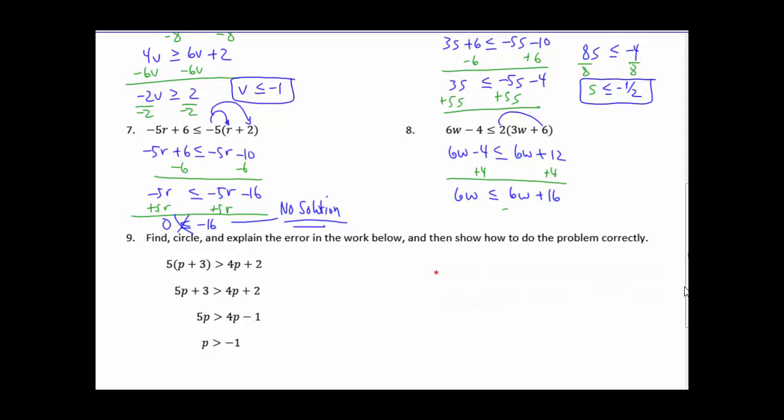By subtracting 6w, we get 0 again. Is 0 less than or equal to 16? And the answer is true. Since this is true, this is going to be true for all reals. So this is all real numbers. So we have many solutions.